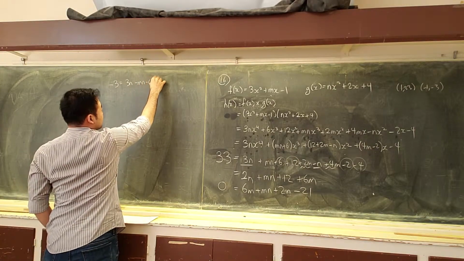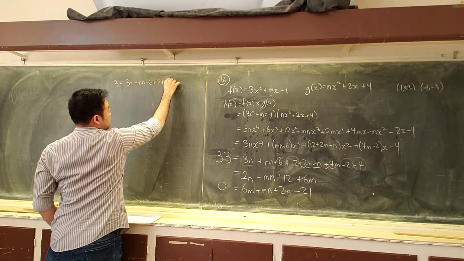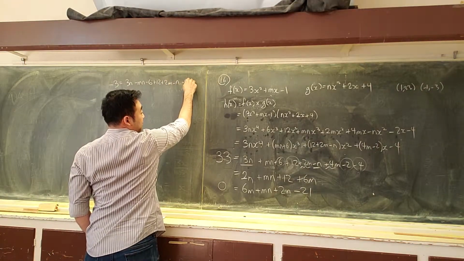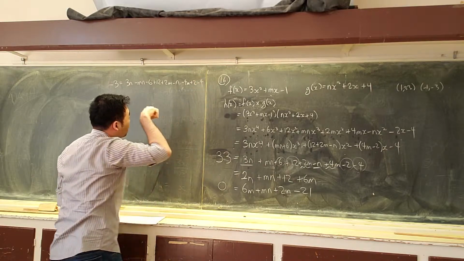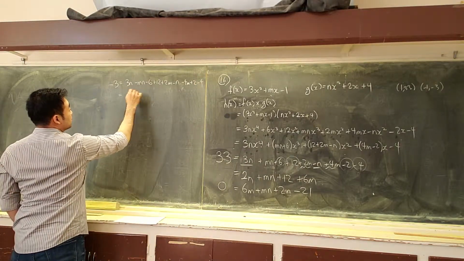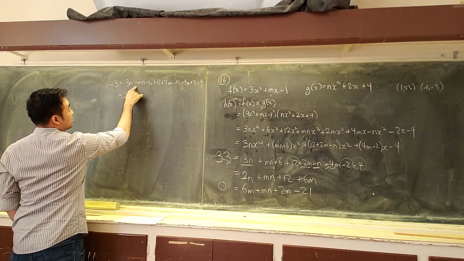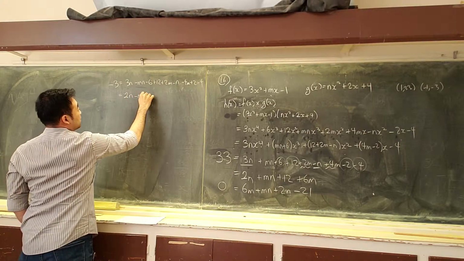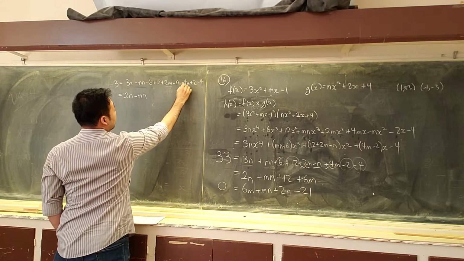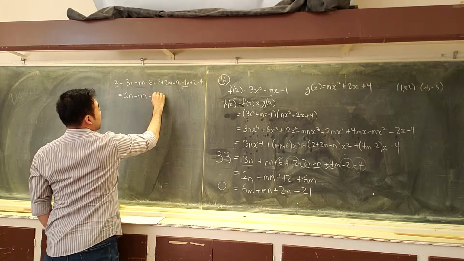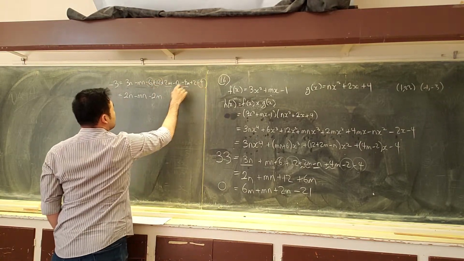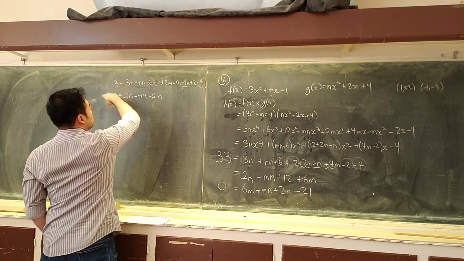This is positive 12 plus 2m minus n. This becomes negative 4m plus 2 minus 4. So this is going to be 2n. That's the only one. M's negative 2n. Number. That's a 2 plus 5.